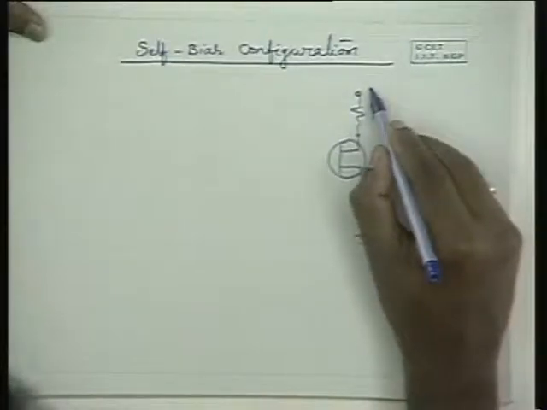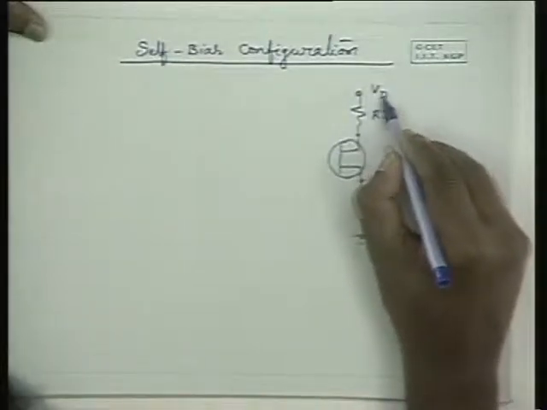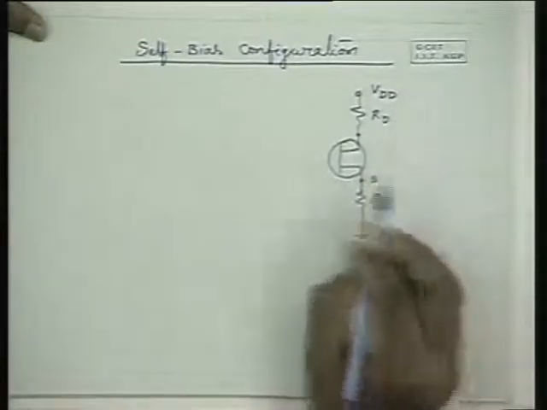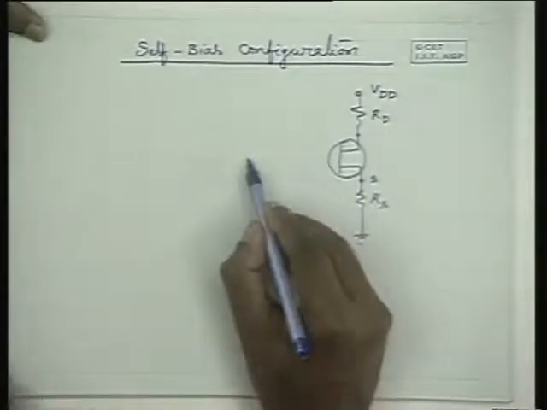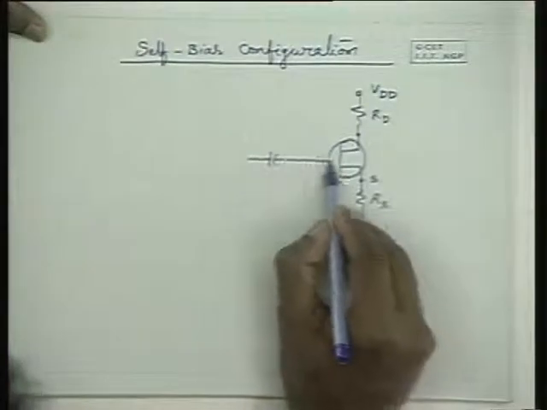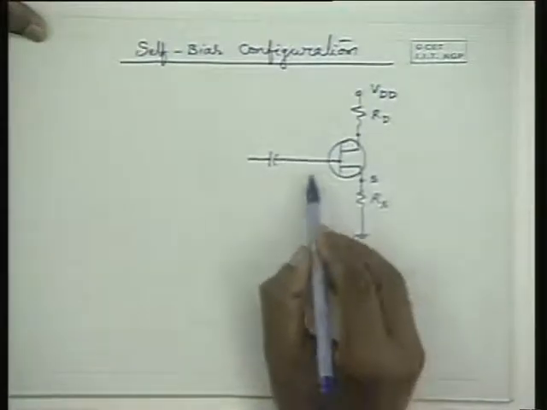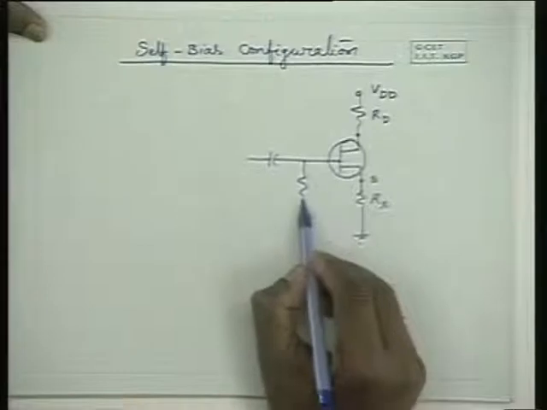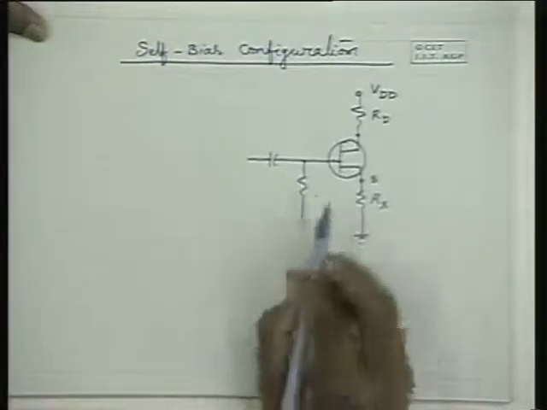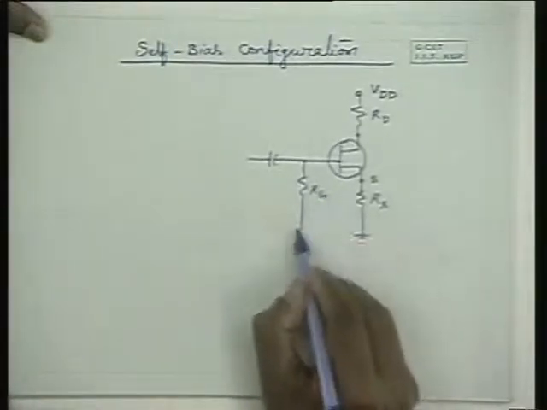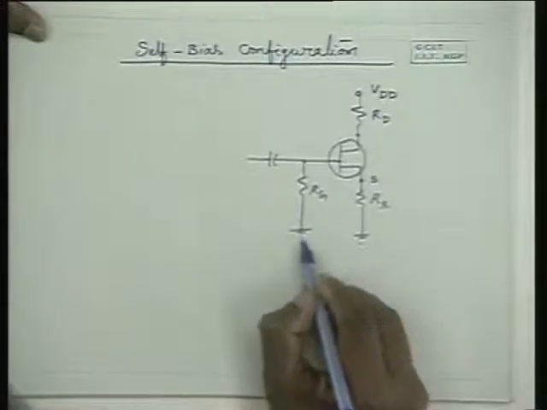So like in the fixed bias case, the gate to source and the gate side circuit is through a large gate resistance, and it is grounded here.